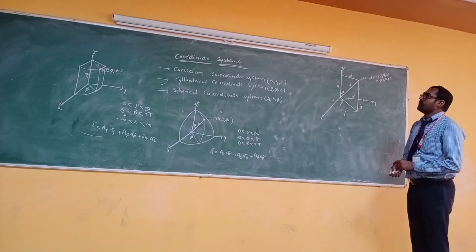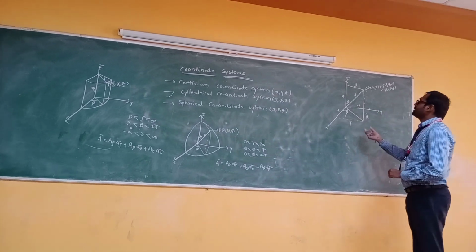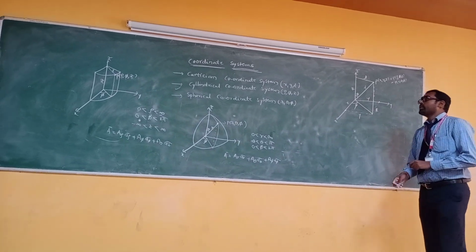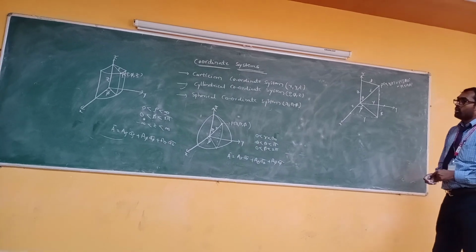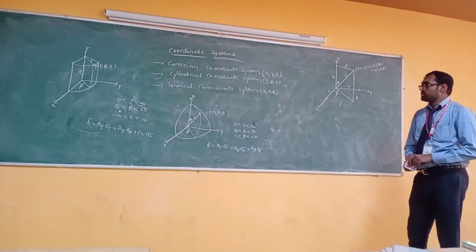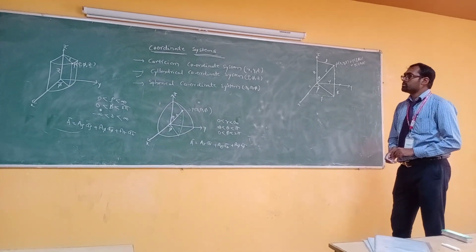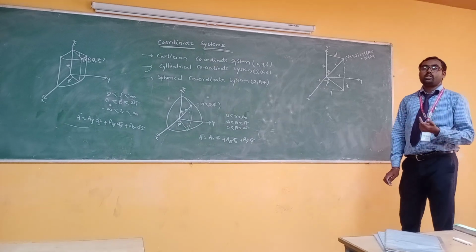Now we can convert one coordinate system into another by using this diagram. We can convert the Cartesian coordinate system into cylindrical, or cylindrical to Cartesian. First, we convert the cylindrical coordinate system components into Cartesian coordinate system components.